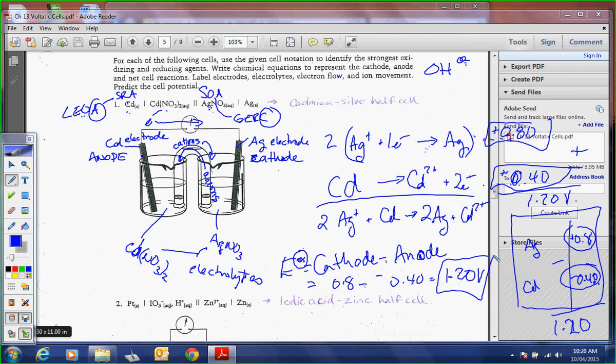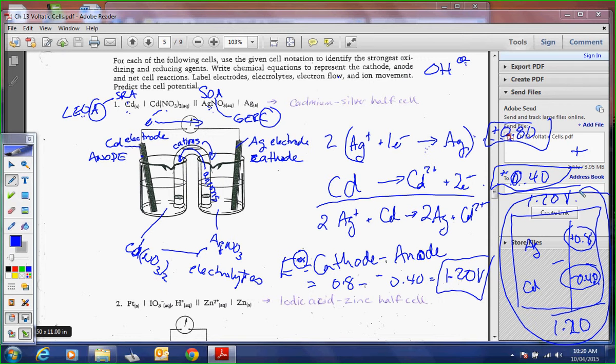Okay? Chances are you will make fewer mistakes this way. Would you agree with that? Looking them up in the data booklet and just taking the top number and subtracting the bottom number in your calculator, not worrying about which one to flip or about the sign.